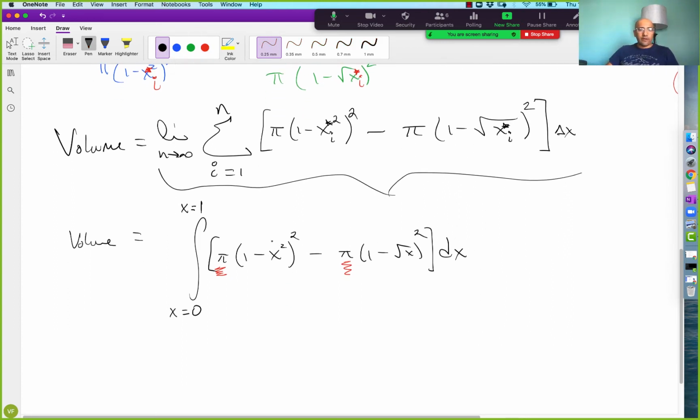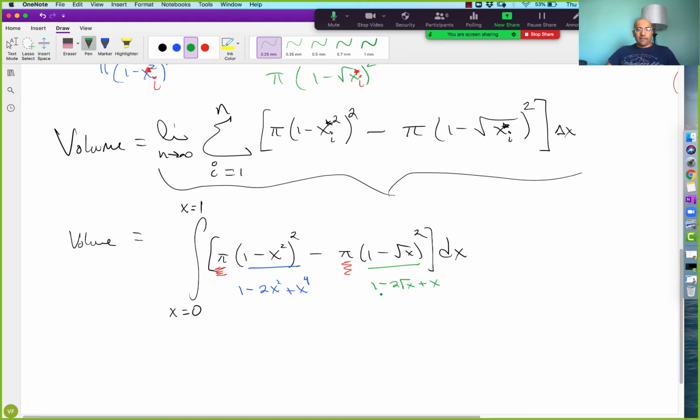Factoring out the pi, okay, when I FOIL this out, let me put it in blue. When I FOIL out this one, I'm going to get 1 minus 2x squared plus x to the 4th. That's just foiling this. When I FOIL this one out, I'll get 1 minus 2 square root of x plus x. Right? That's just this.